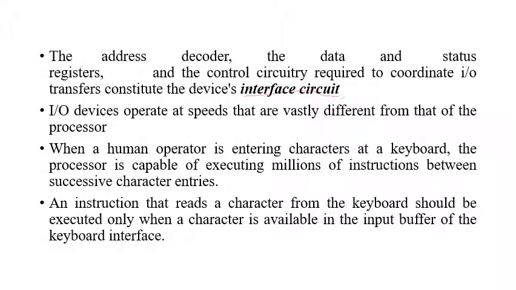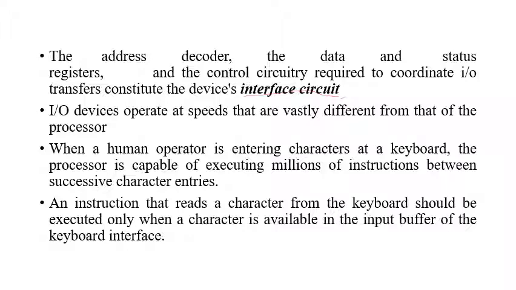These IO devices operate at speeds vastly different from that of the processor. The processor executes at very high speed in terms of frequency, since the crystal oscillator connected to these microprocessors or computer systems operates at speeds in the megahertz range.